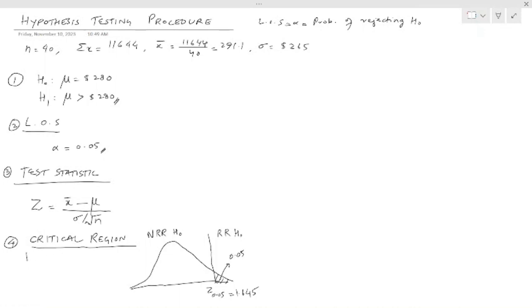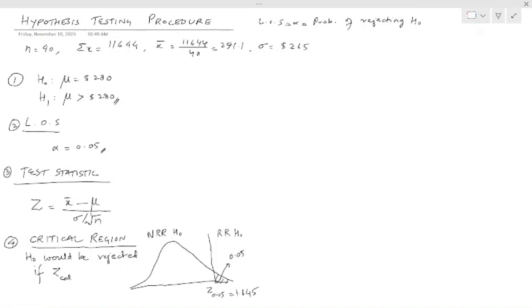And we need to also write down in the form of a statement the condition under which H naught would be rejected. H naught would be rejected if Z calculated.